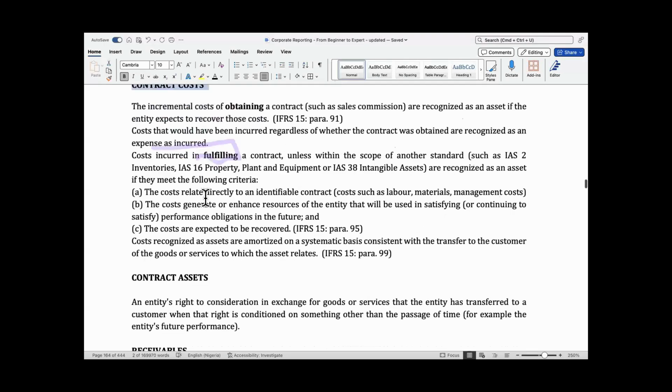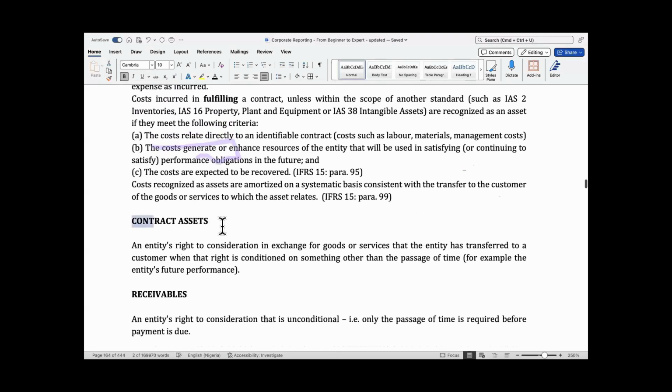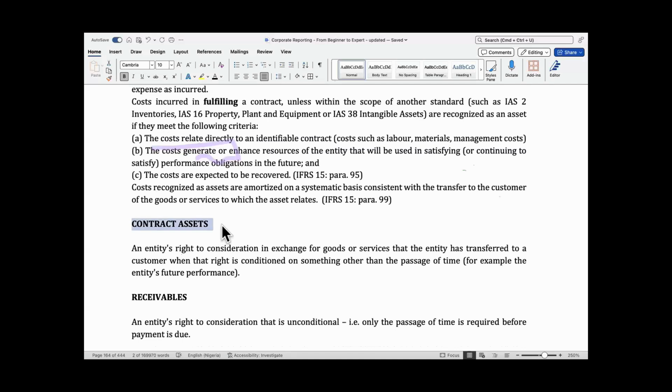Another one is contract assets. A lot of people usually mix this with trade receivables. Up to date, most of my clients, I'll find out that they call everything receivables. They don't separate contract assets from receivables, and they are very different.